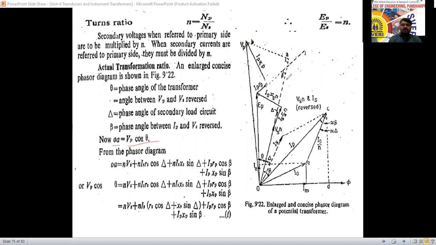See here, we'll consider one triangle. Now I will draw it here, and you can check. Just imagine this is 90 degrees. This is OA, and this is VP. This one is the adjacent side, which is nothing but VP cos theta. This angle is theta.